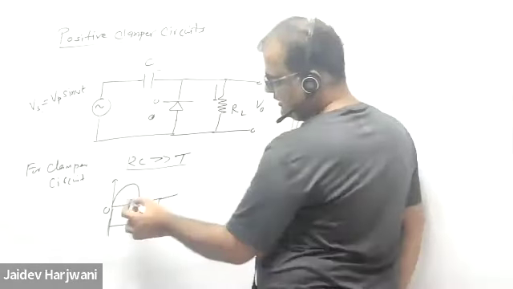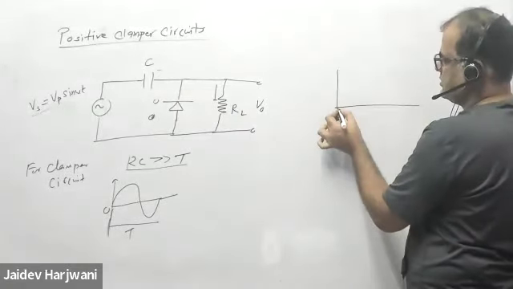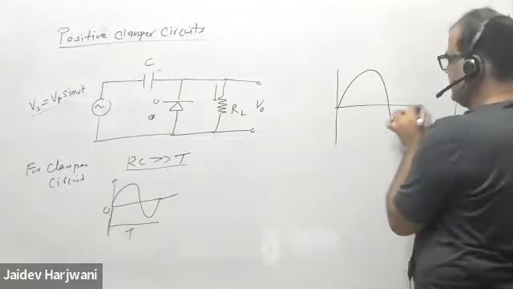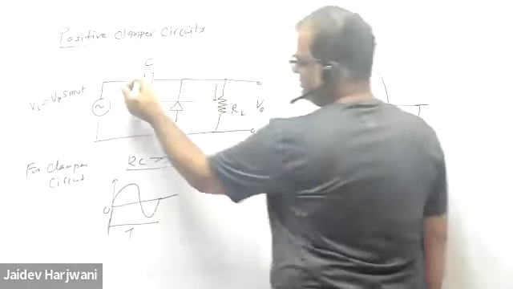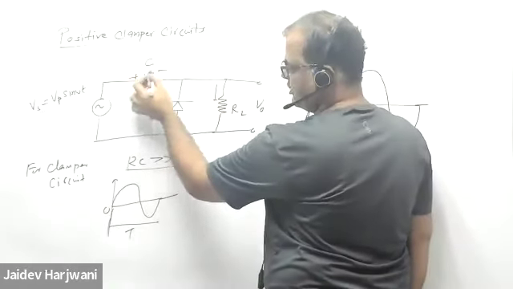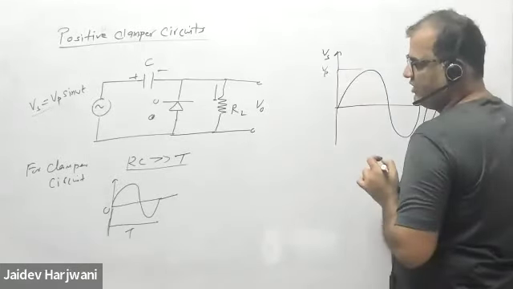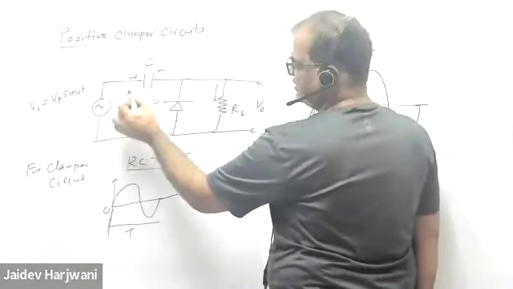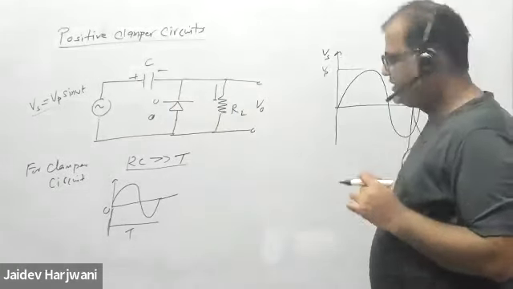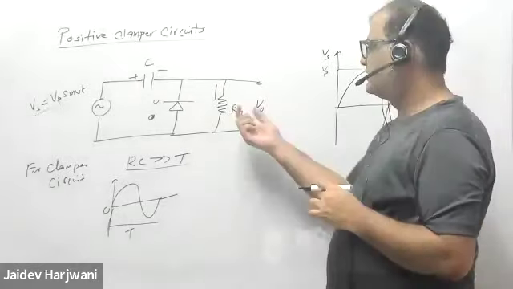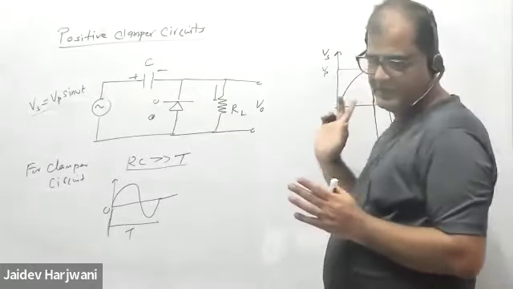Suppose I'm applying a positive cycle of V input. For positive cycle, my capacitor will charge like this. Slowly it will charge up to the peak value Vp. But what will happen when this capacitor charges? Some voltage will drop here. But this resistance is very high, so the capacitor will not charge up to the peak value Vp.